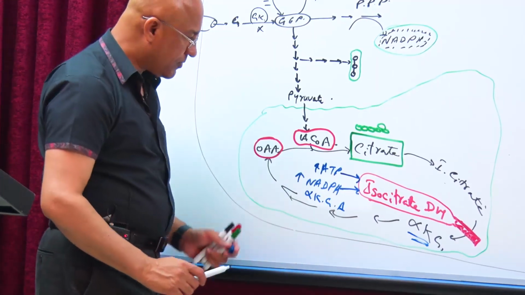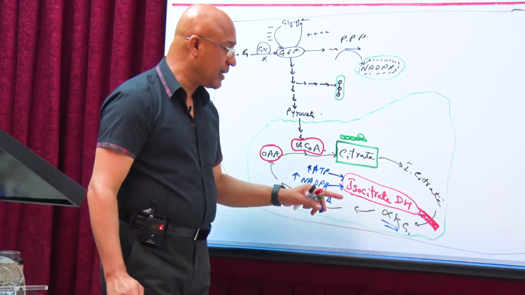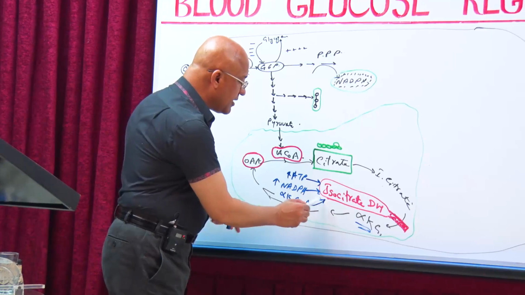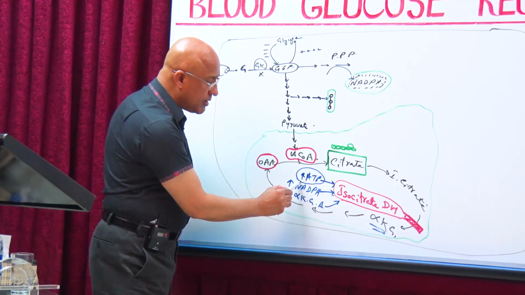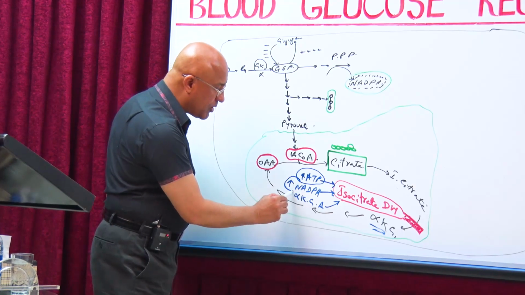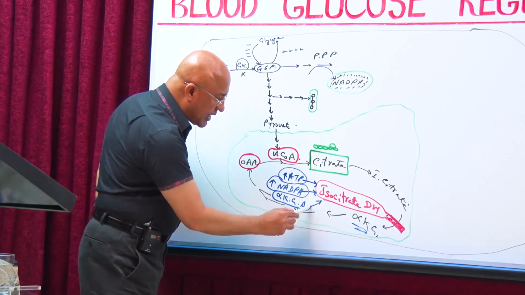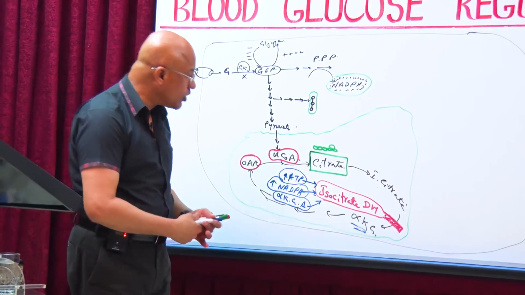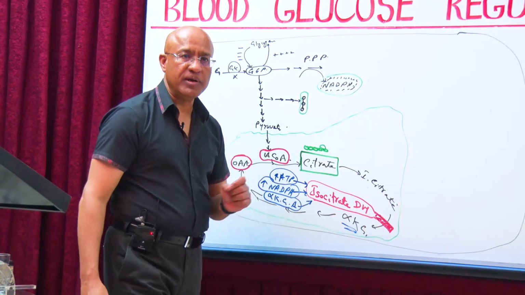Now, all of them are allosterically regulating and inhibiting: high level of ATP in the cell, high level of NADPH in the cell, high level of alpha ketoglutaric acid here. All of them negatively regulate isocitrate dehydrogenase allosterically and inhibit it.